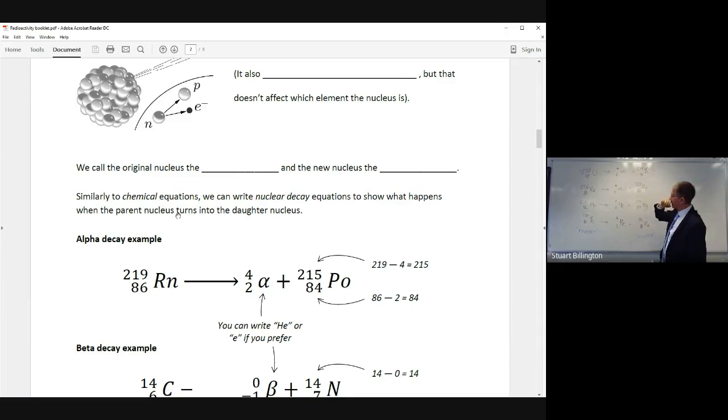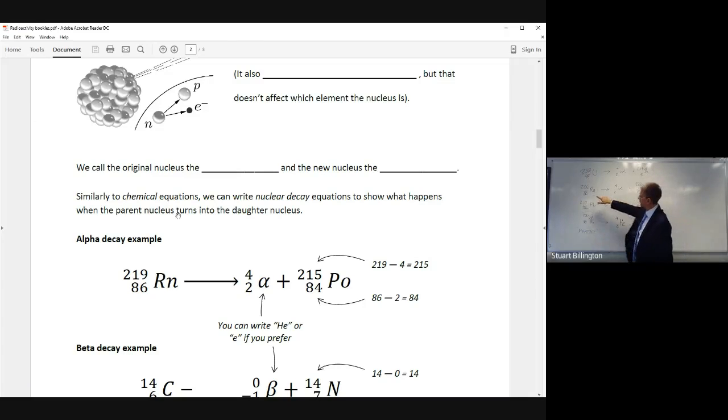And so what we've effectively done is we can see that the radium has decayed into radon, a new element, and it's done so by emitting some nuclear radiation, an alpha particle. So when you're doing the equations, you just need to make the numbers work.